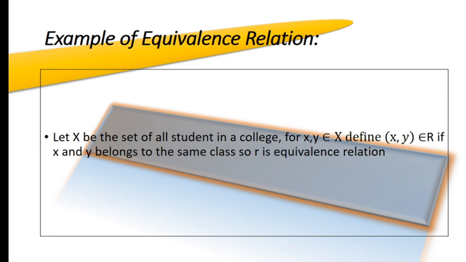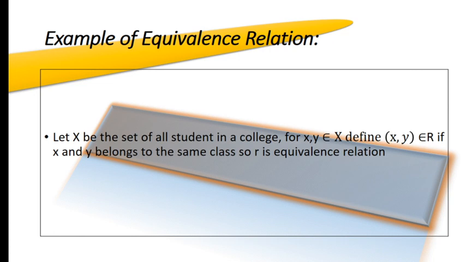Set X is the set of all students in a college. There are students in a class, and x belongs to the same class as itself, meaning related to itself. This is reflexive. Second, symmetric. If x and y belong to the same class, then y and x also belong to the same class. This is symmetric. Third is transitive.